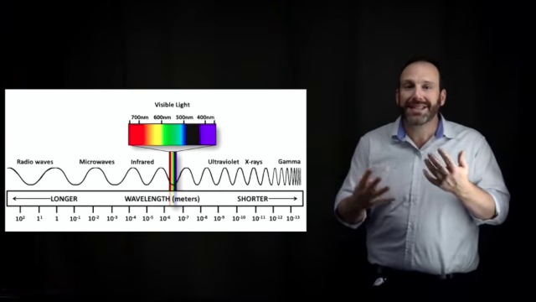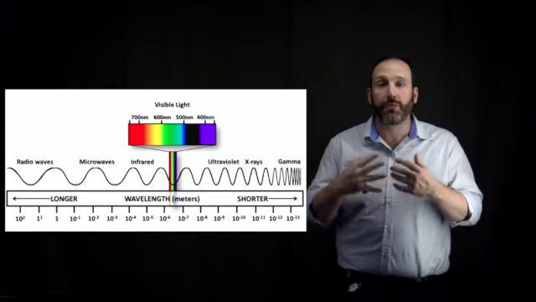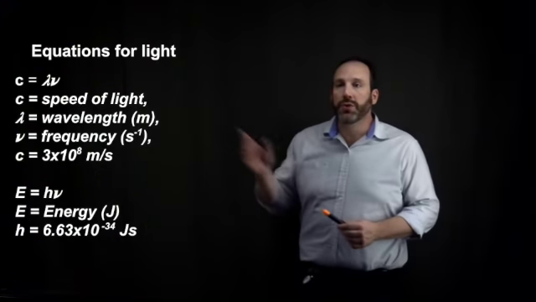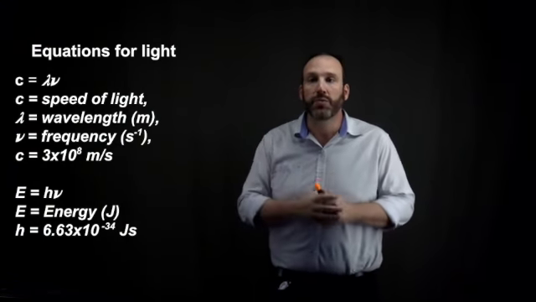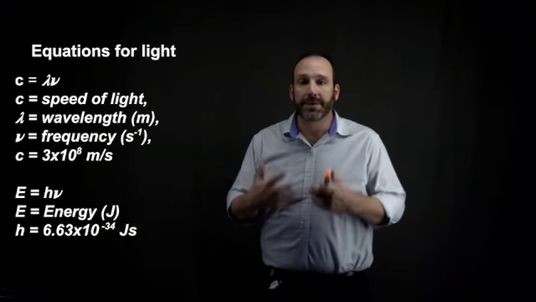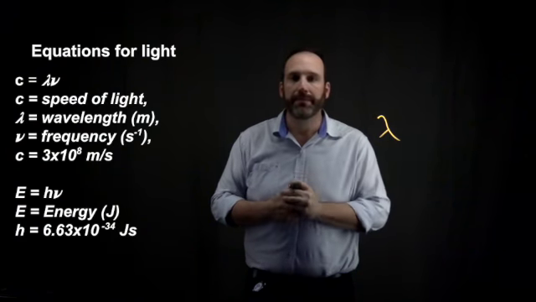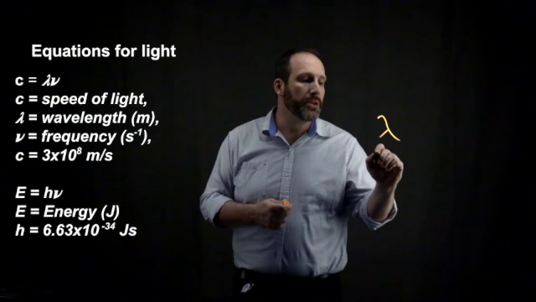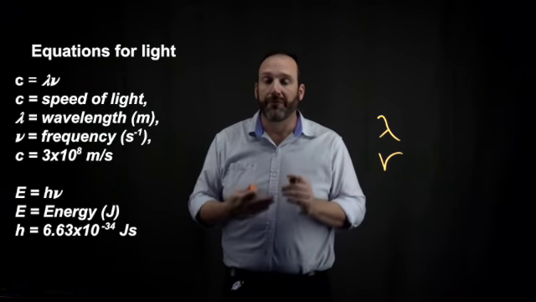All right, so let's take a look at some of those equations that we can use to define those characteristics of wavelength, frequency, and energy. The first one is that c is equal to lambda times nu. The Greek lowercase lambda is our symbol for wavelength, and the Greek lowercase symbol nu is our symbol for frequency.